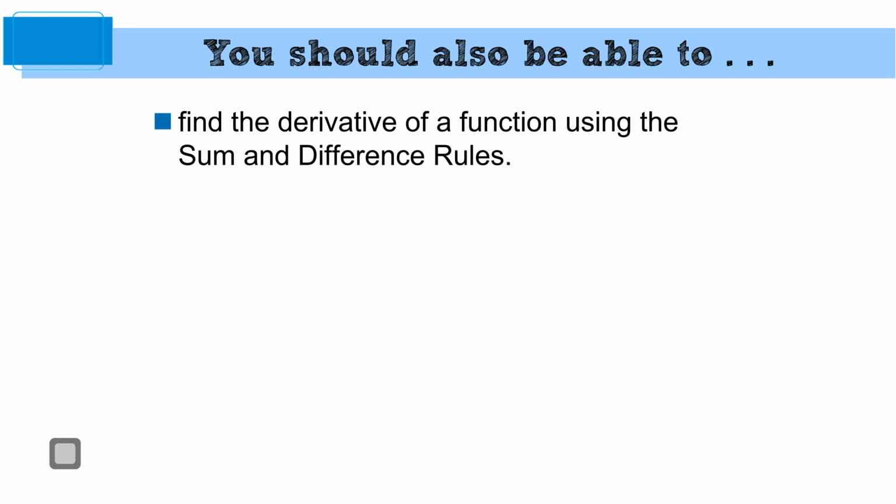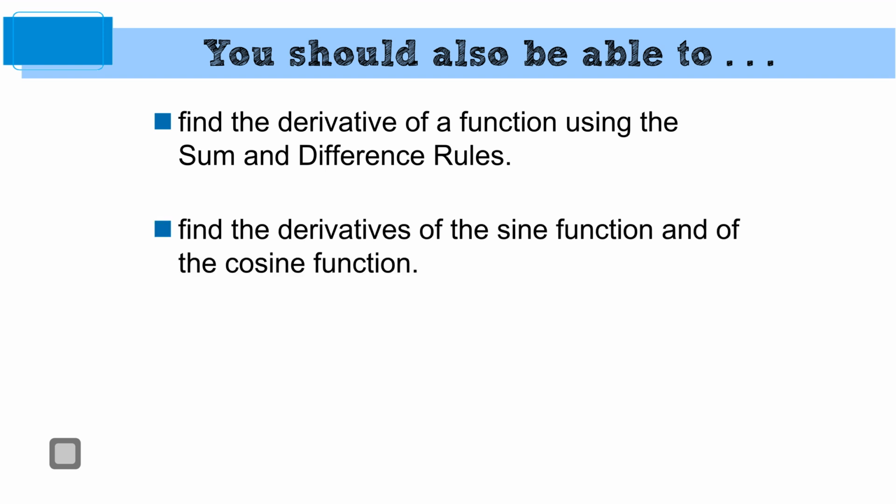That means the derivative of A times B is not the derivative of A times the derivative of B. There's an entirely different rule that we'll get to later. Today, we're just doing sums and differences, and you've done that already. We did something like the derivative of 3x squared plus 2x minus 7. That's a sum and a difference. You can do that. We will talk about trig, your favorite.